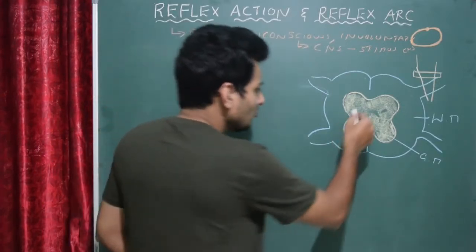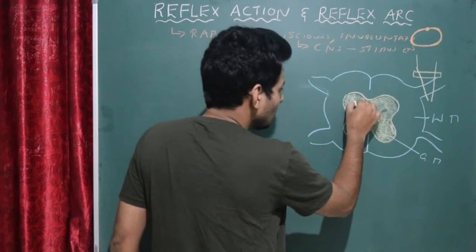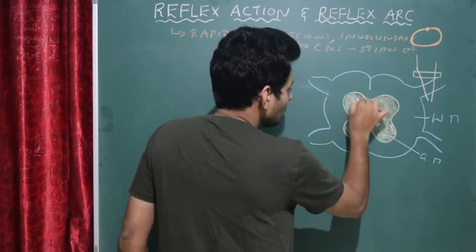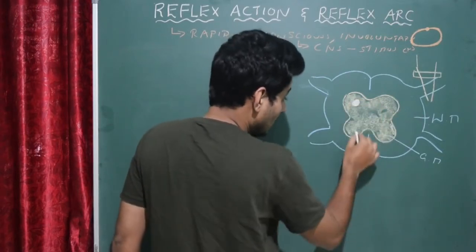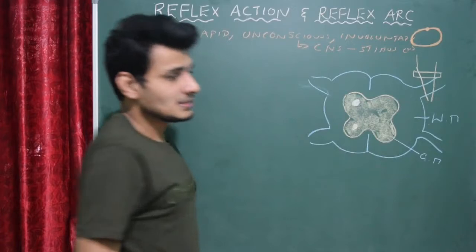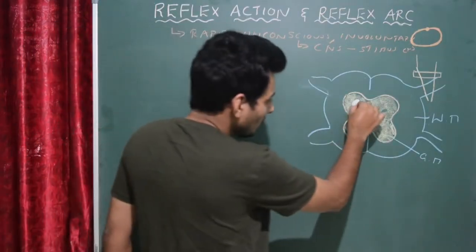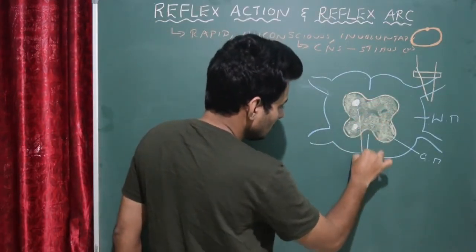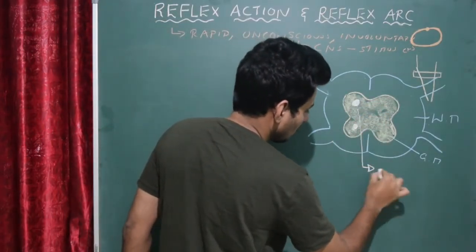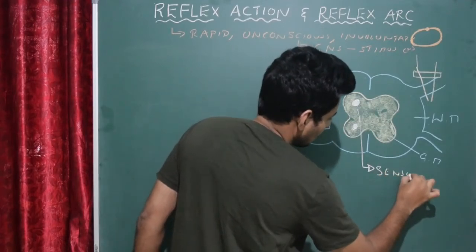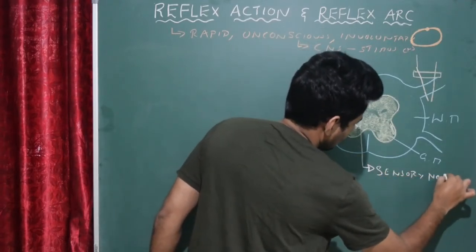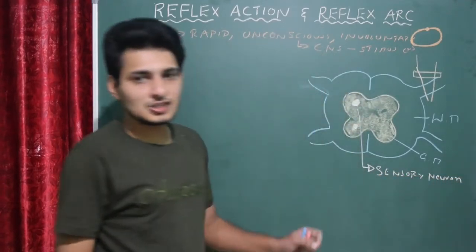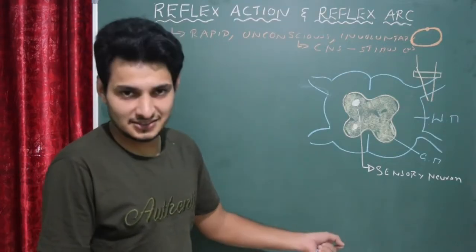Now, what is there inside? Let me write in the grey matter. In the grey matter, we have two sets of neurons. This is one neuron, and let me name it. It is the sensory neuron, which means it responds to a particular sense.